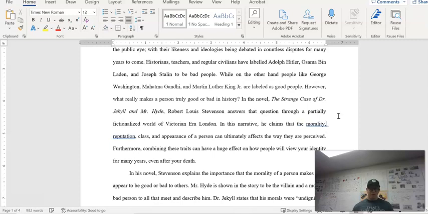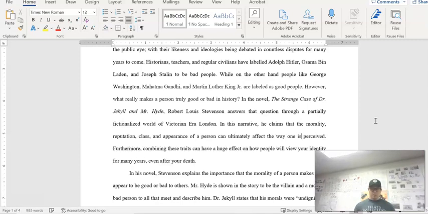So I need, okay. He claims that the morality, reputation, class, and appearance of a person can ultimately affect the way one is perceived. There we go. Okay.